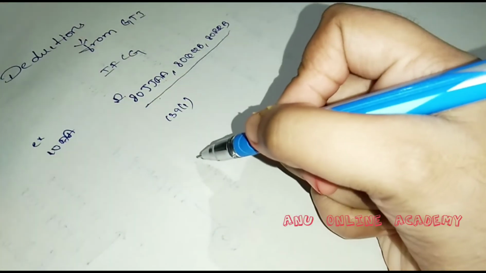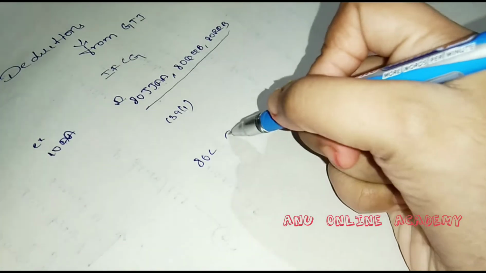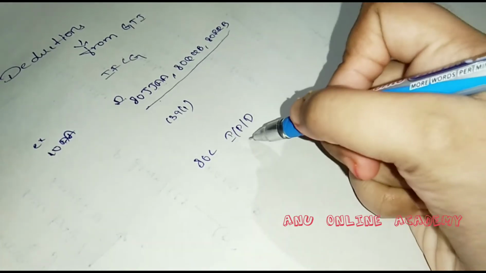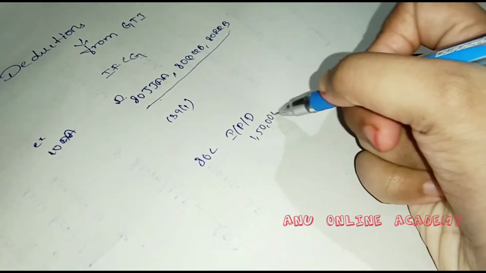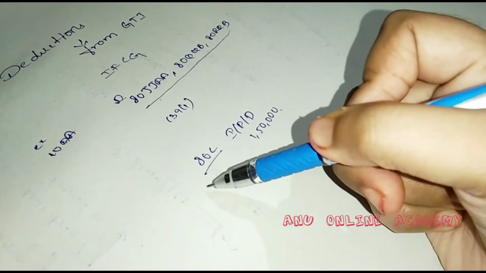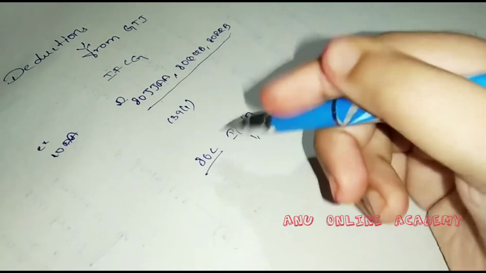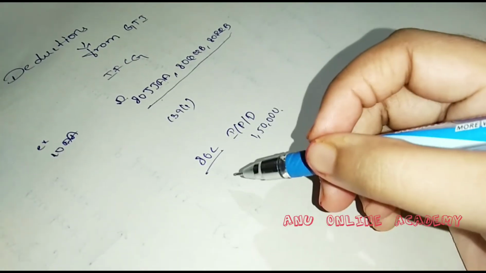And see the first section, 80C: certain investment or payment or deposit, maximum 1,50,000 deduction allowable. 80C is for an individual, spouse, any child, minor or major, and for HUF, any member.